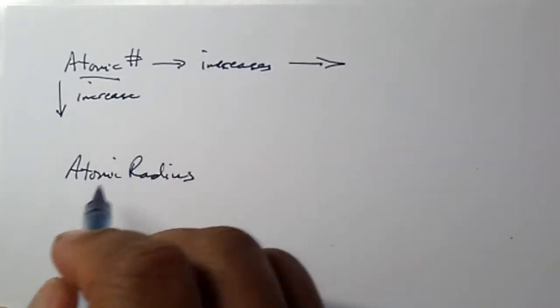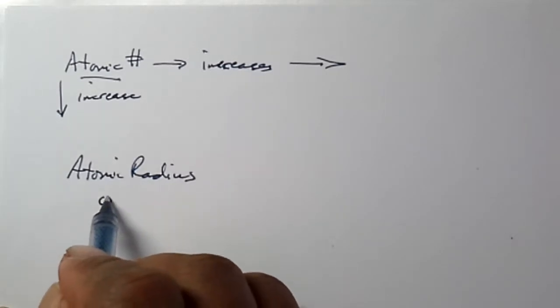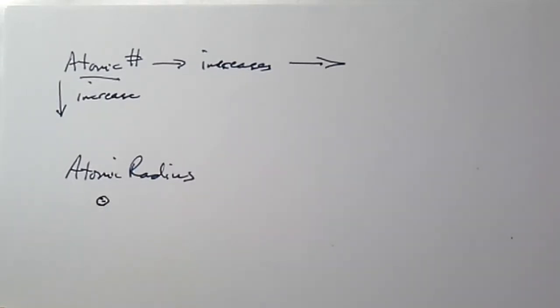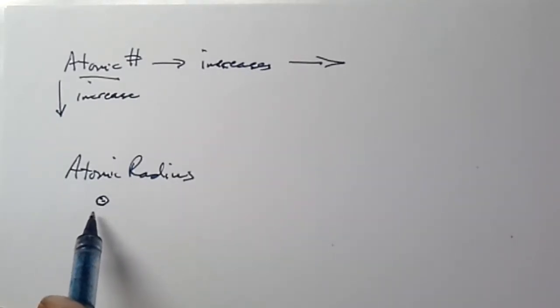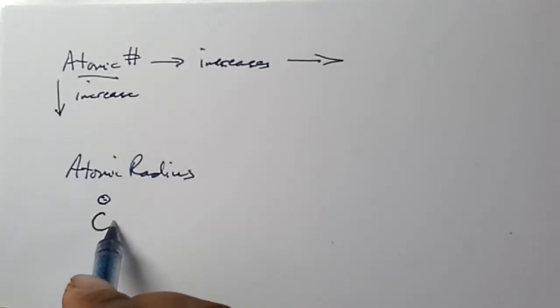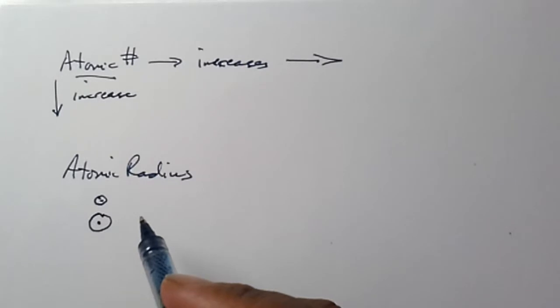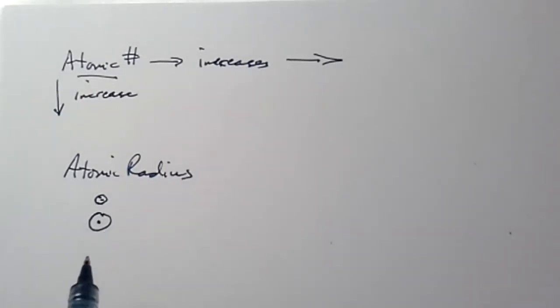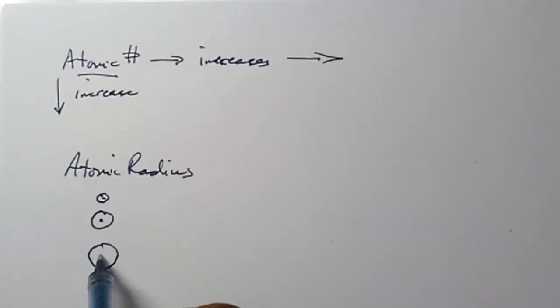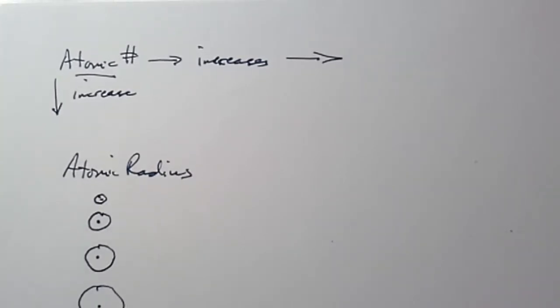So let's represent this as the group 1 element at the very upper left corner. Let's say it's hydrogen. And we move down to lithium, and then what's next? Sodium, potassium, rubidium, cesium.